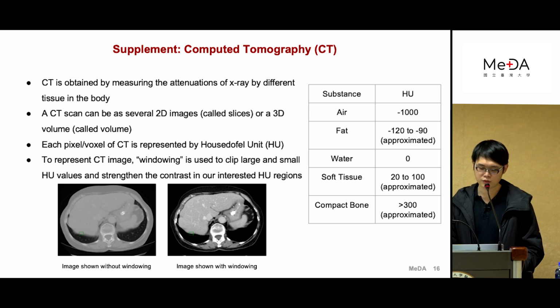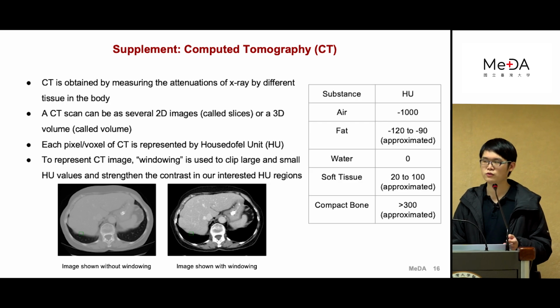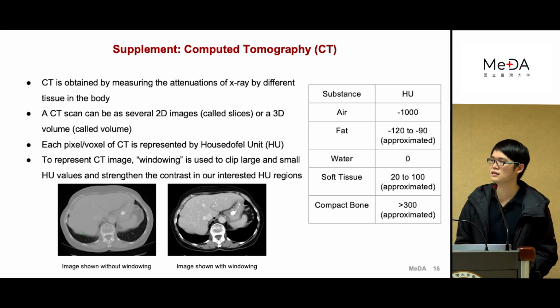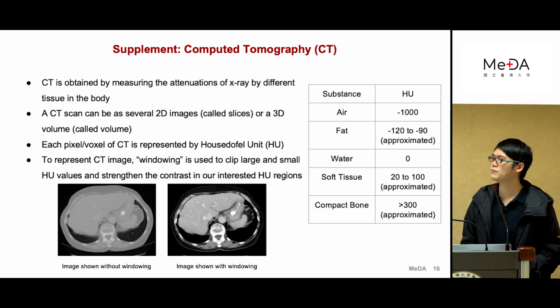So we will use a windowing technique to clip out the parts that we don't want. We will take the actual values in a certain range, which will increase the contrast of the image. And finally, you will see the image on the right-hand side, which is clear for humans to observe.